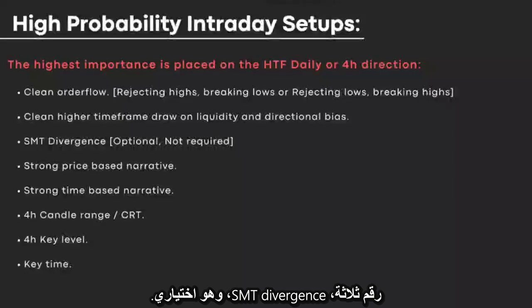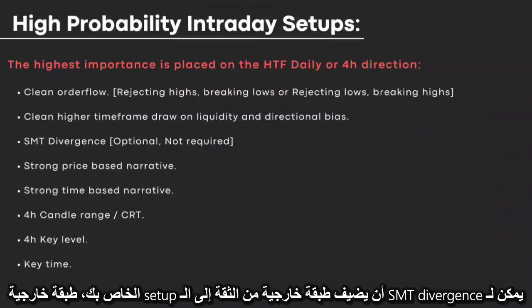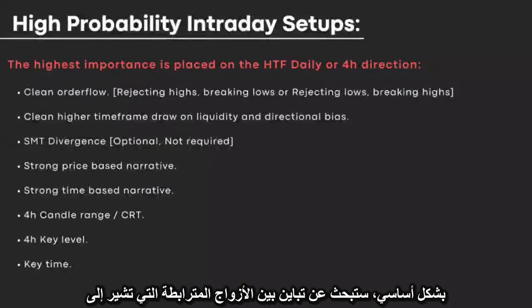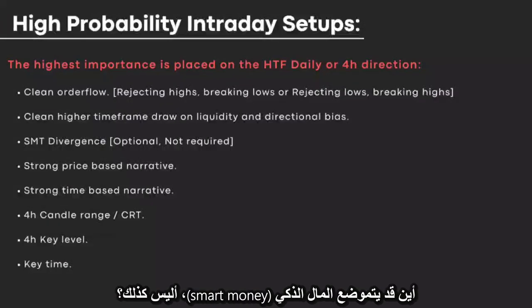Number three, SMT divergence, and it's optional. SMT divergence can add an extra layer of confidence, an extra layer of confluence to your setup, which increases the odds in your favor even more, right? Basically, you're going to look for discrepancy between correlated pairs that indicate where smart money might be positioning.